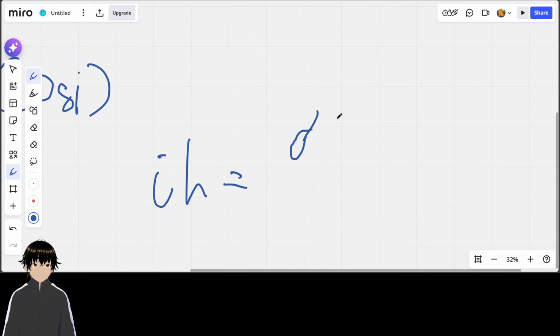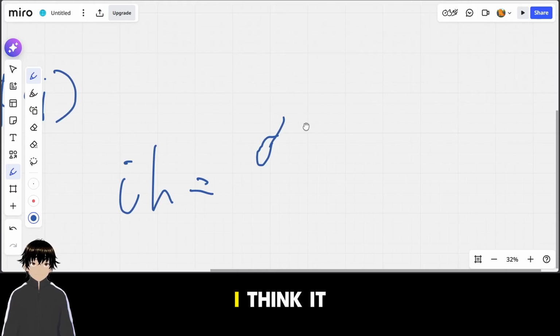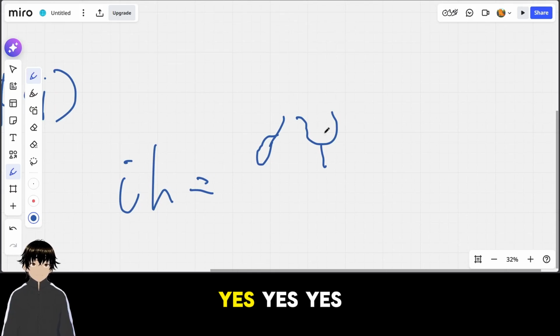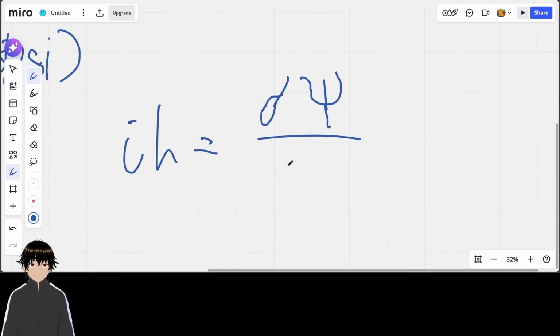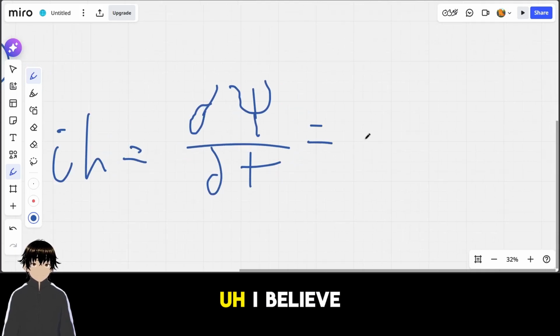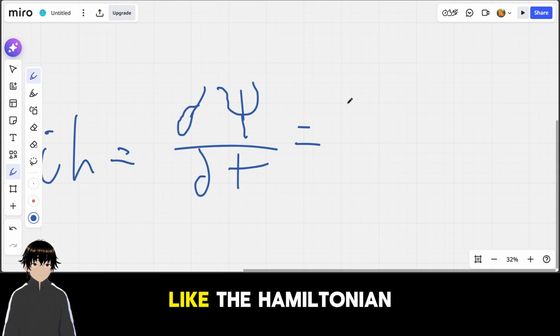Derivative of t equals, I believe it was something like the Hamiltonian.